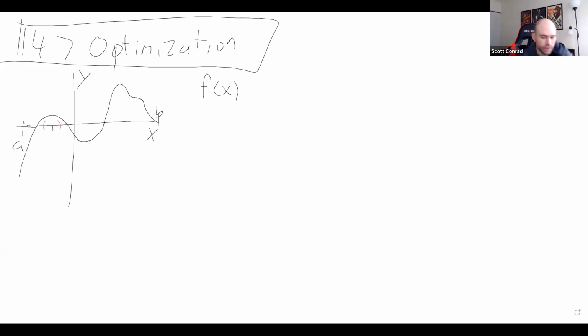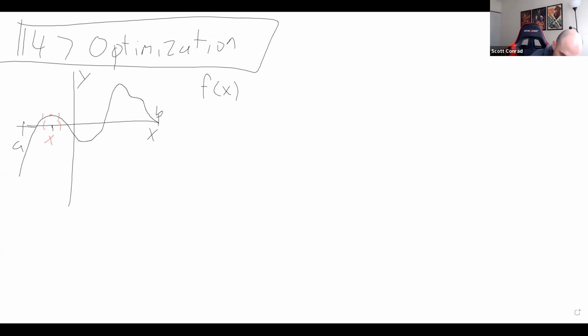All the points on the graph near this point lie below it. So the value of our function is less than or equal to the value of the function at this point here.